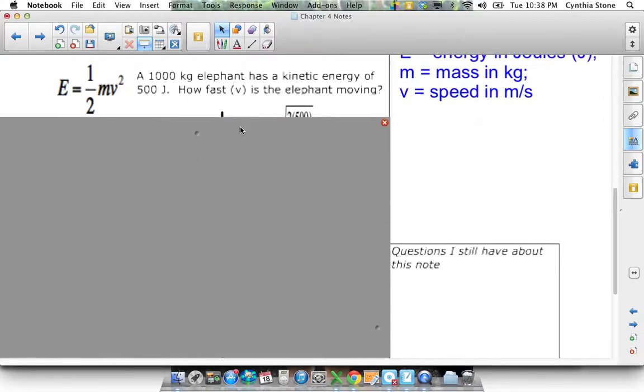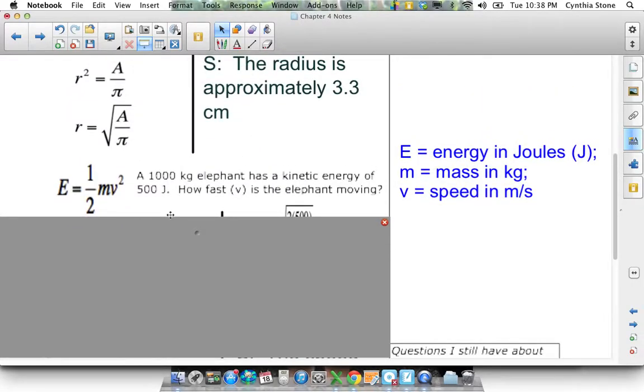Okay, kinetic energy. This is another physics thing. So here is an equation for energy, and again, you don't need to worry too much about what's what, except to know enough to substitute in numbers. So it says a 1,000-kilogram elephant has a kinetic energy of 500. How fast is he moving? So in this equation, the E is the energy, the M is the mass, and the V is how fast, the speed.